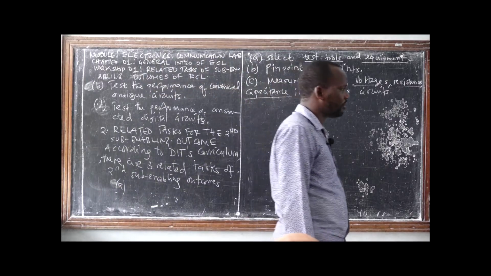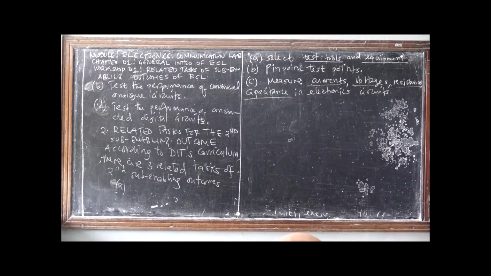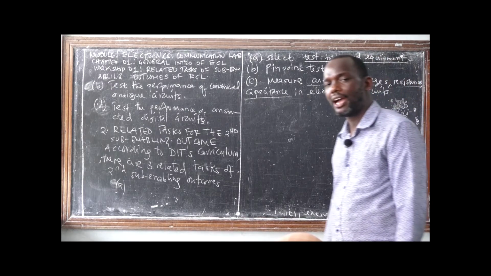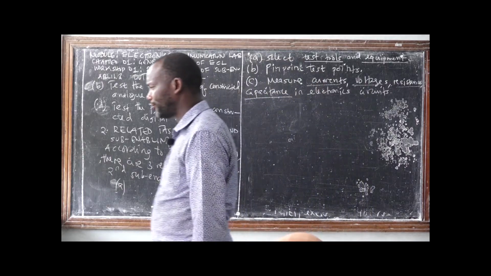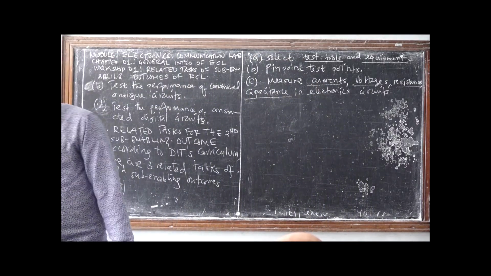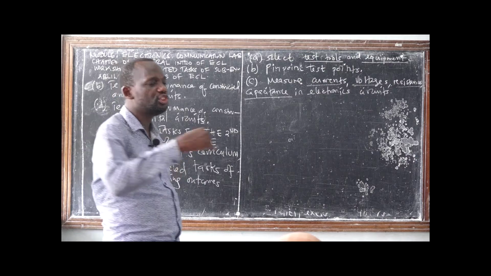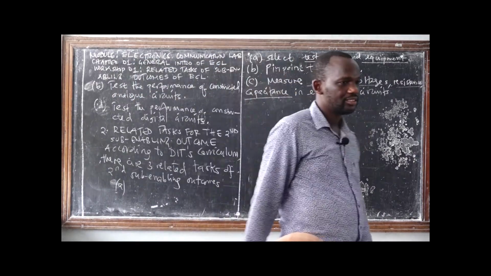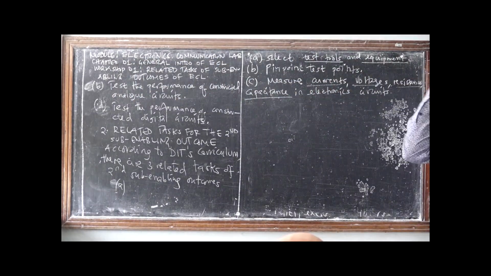Because of time, we designed just one part of that audio amplifier, the linear power supply. I told you that the story about our audio amplifier would continue in second semester, and you saw the related task in the first sub-enabling outcome that the student should be able to construct amplifiers.